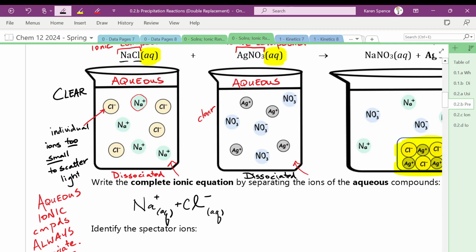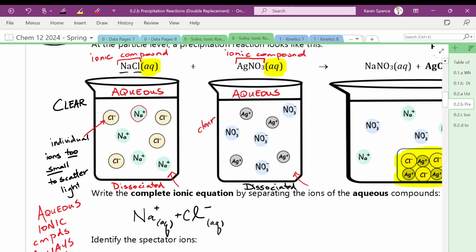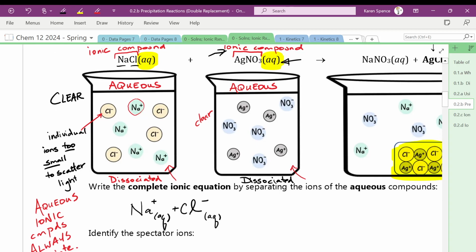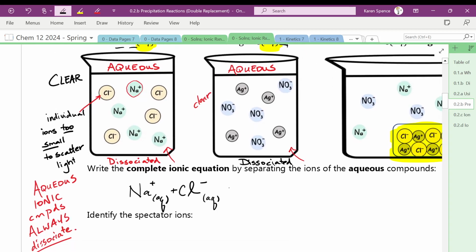That's our NaCl. How about the AgNO3? What should I do with the AgNO3? It is ionic and it is aqueous. What should I do with it? Dissociate it. So we're going to have Ag and we're going to have NO3.